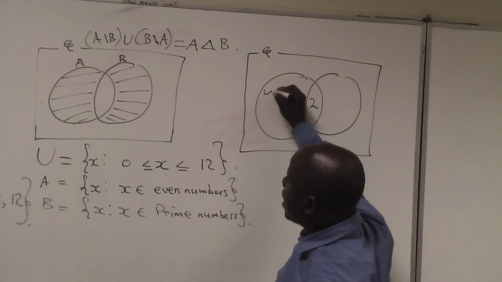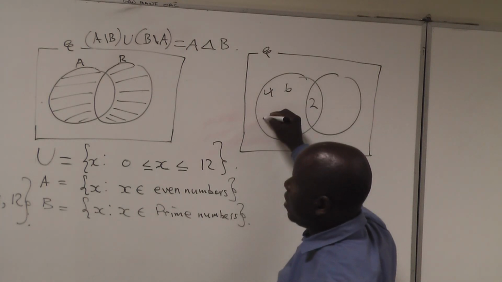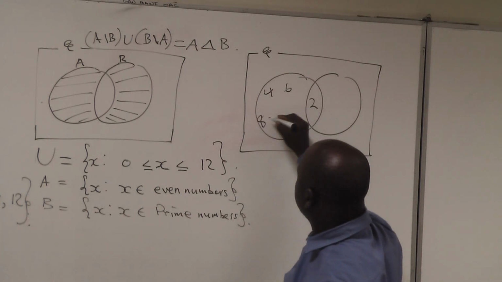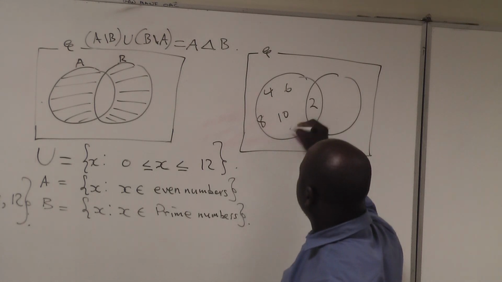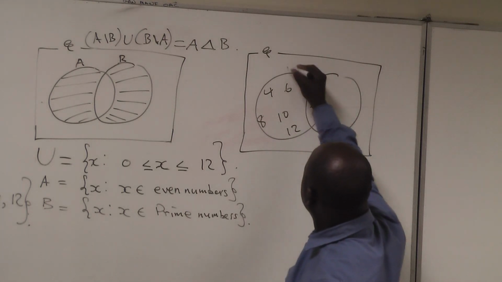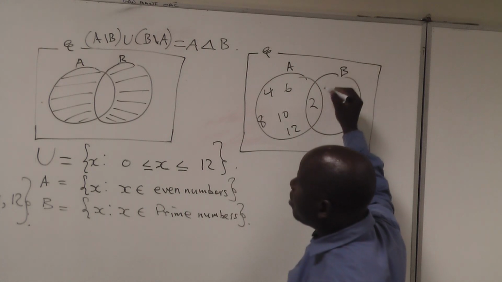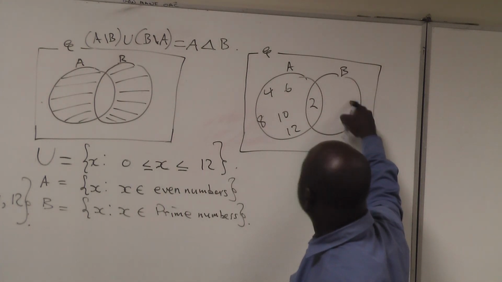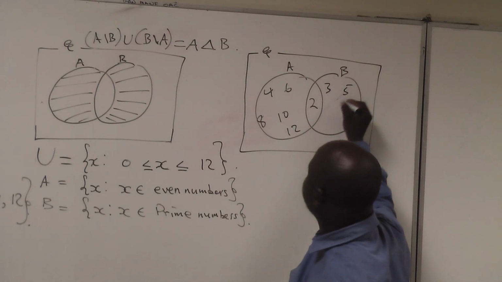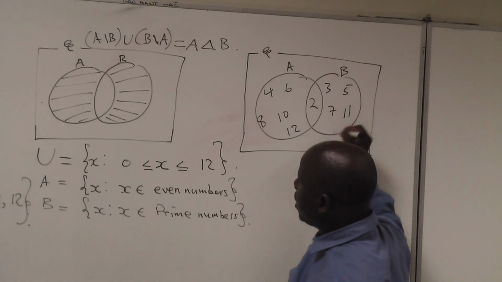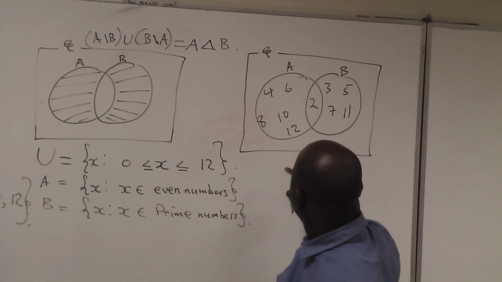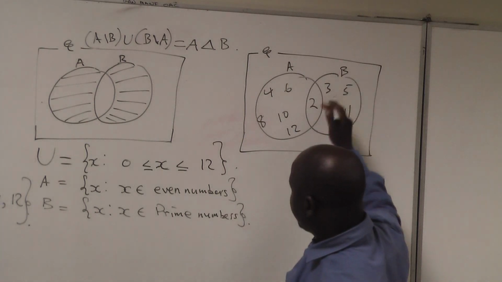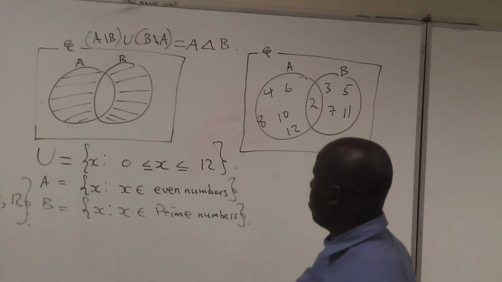So we put the other elements 4, 6, 8, 10, 12. Then this is our A. For our B, we have 2 already in the intersection. We don't put again outside here. So we have 3, 5, 7, 11. Which other element is 0 is outside A and B, so it must come here.